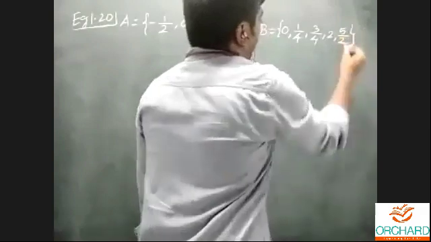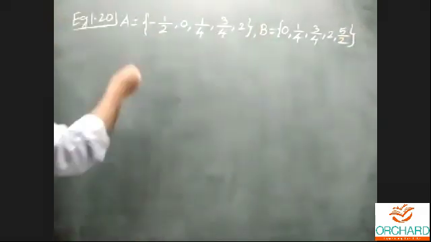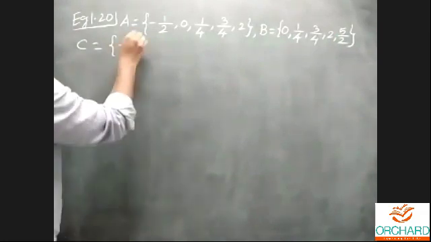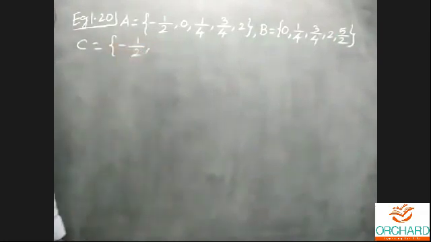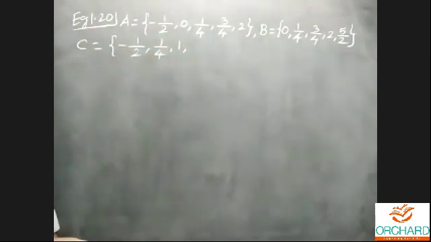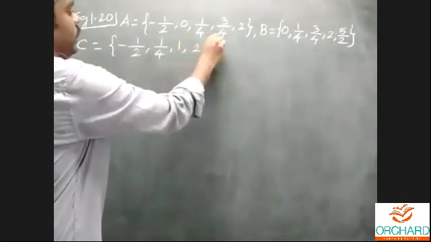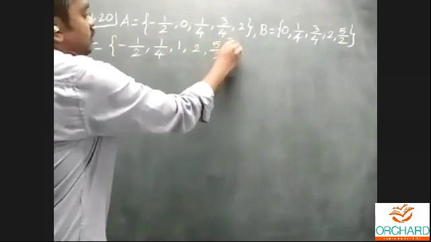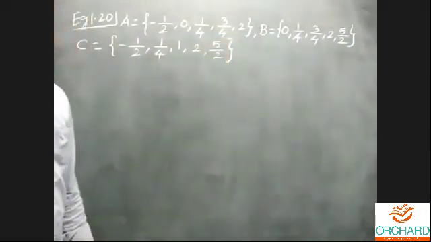Next, elements of set C: minus 1/2, 1/4, 1, 2, 5/2. These are the elements of set C.